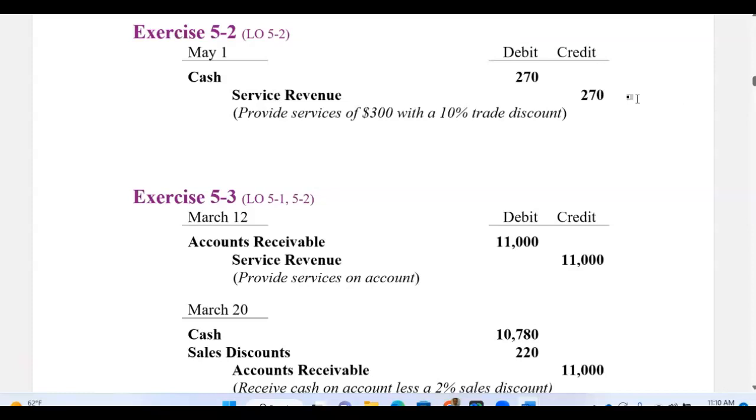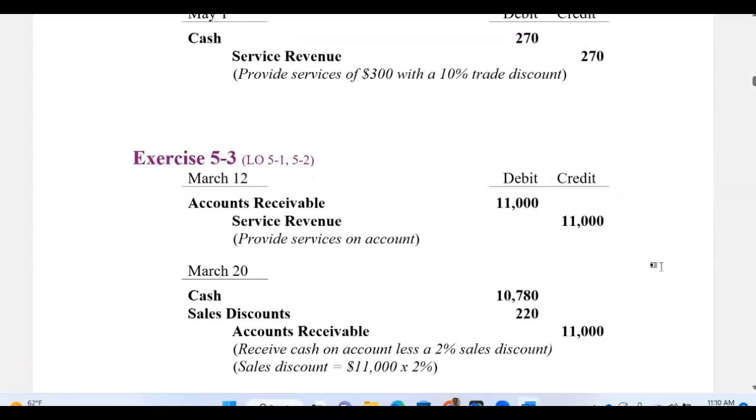So trade discount is an immediate discount right away on the spot. And in order to record this, you always record the amount after the trade discount, whatever it might be. Here it is 270. Okay, that was also fine.